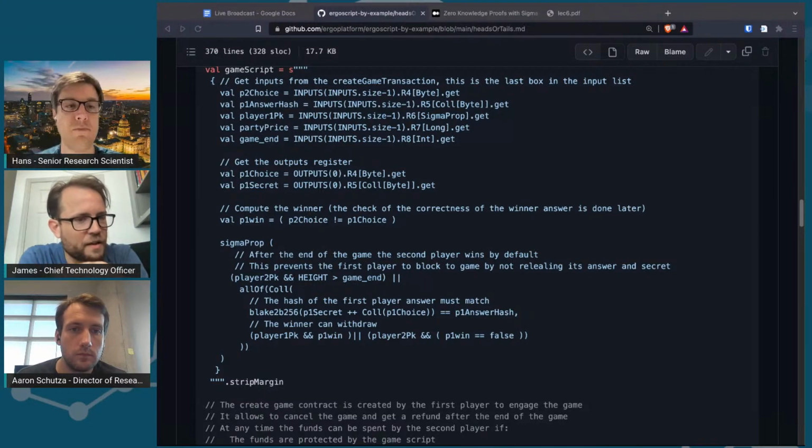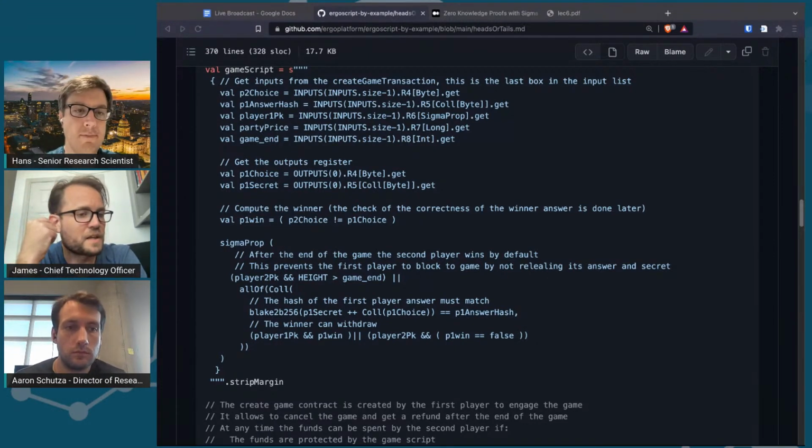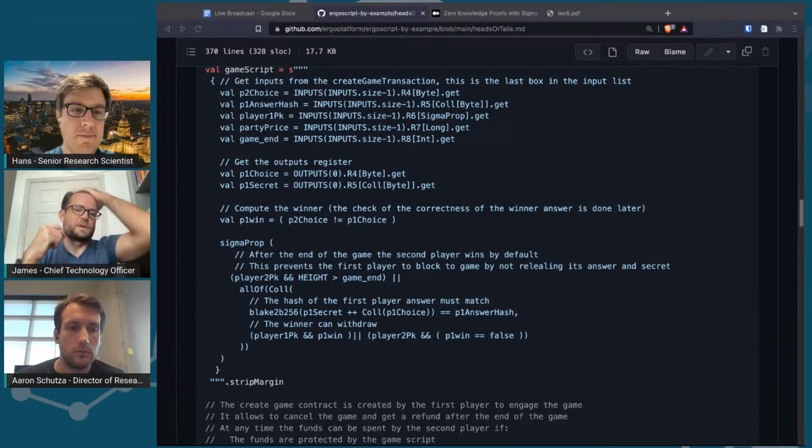What you just said, they're able to account for, Hans, if you read the comment, Sigma prop. After the end of the game, the second player wins by default. This prevents the first player from blocking the game by not revealing its answer. So exactly, because Alice would know that she had lost, she would just not reveal her answer, and then Bob would claim by default. So I think we could do the same thing, the way that they set up their heads and tails game.